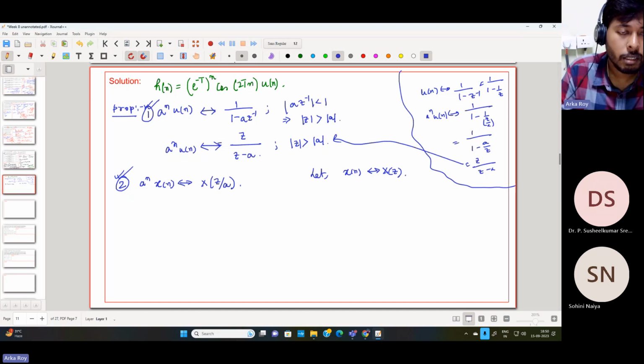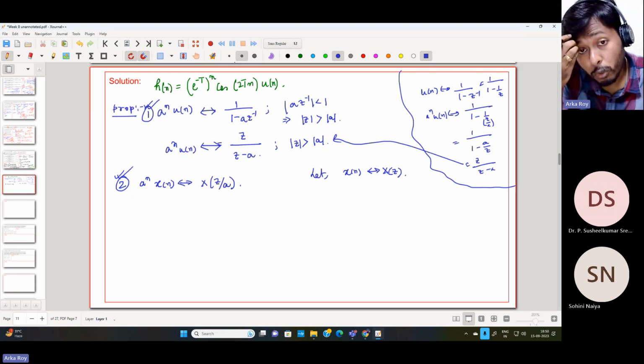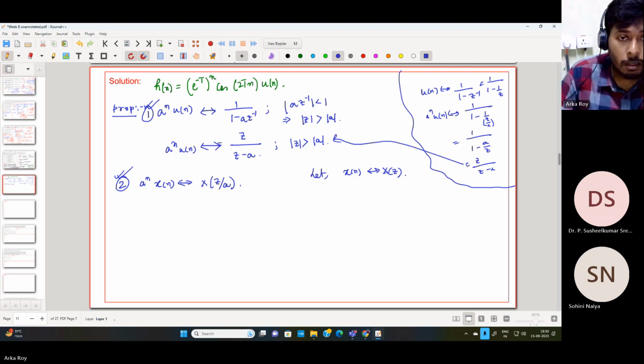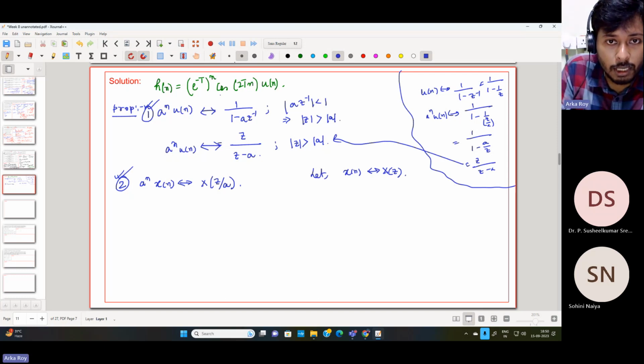So we'll be exploiting these particular rules to get the Z transform of h[n]. We can see that cos 2t n is multiplied with u[n].